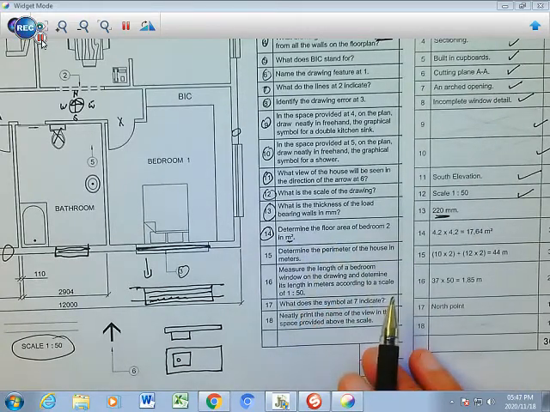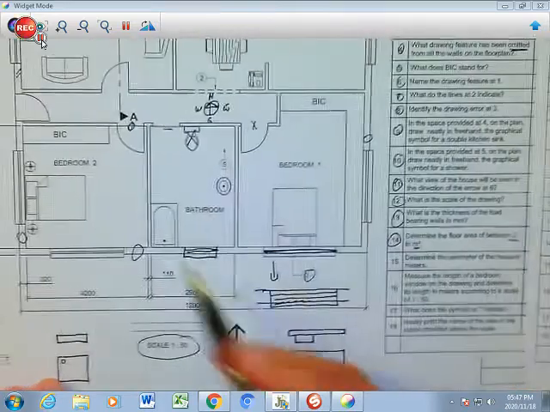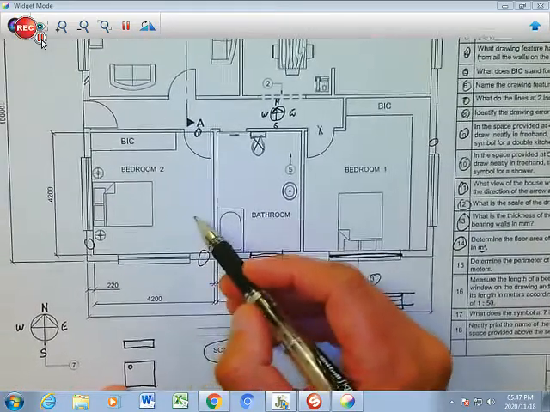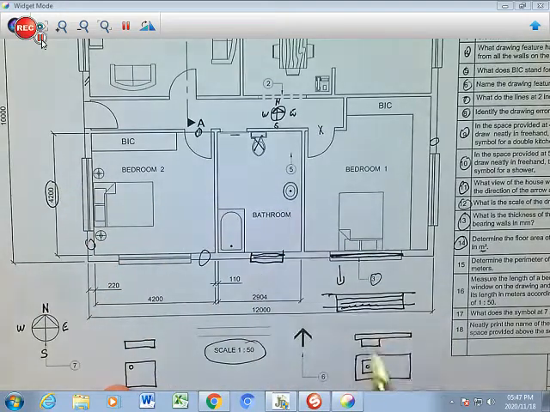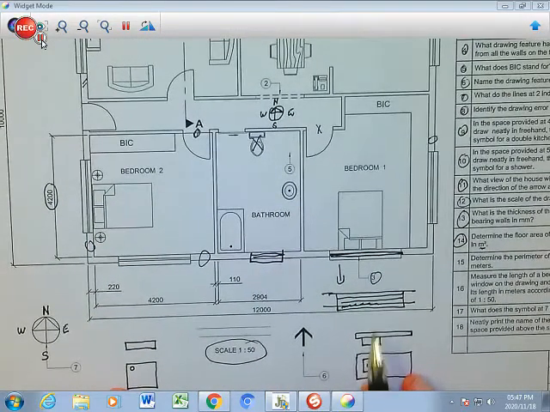Number 14, determine the floor area of the bedroom in meters. Right? The floor area of the bedroom in meters. So we are going to go to bedroom 2. So we're going to specifically look at bedroom 2. So we have the one length of that bedroom there, which is 4 meter 200, and the other length, so basically bedroom 2 is a square.